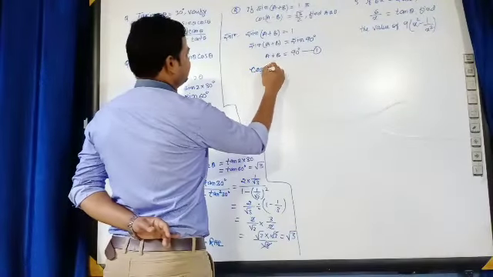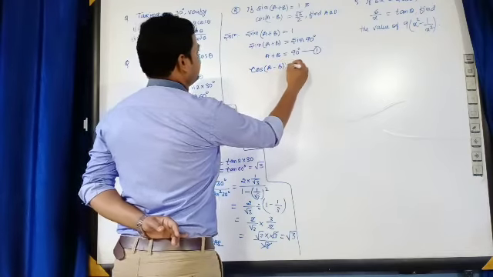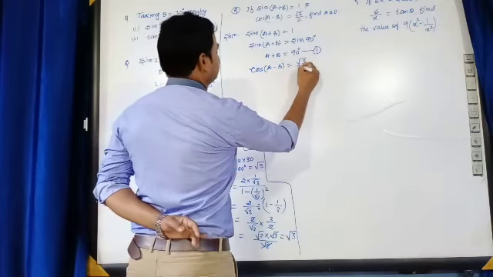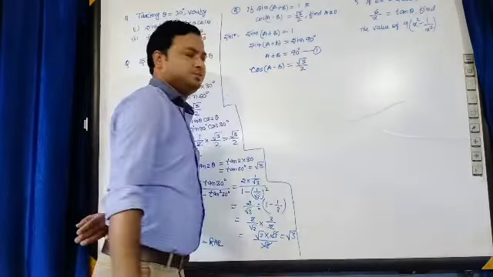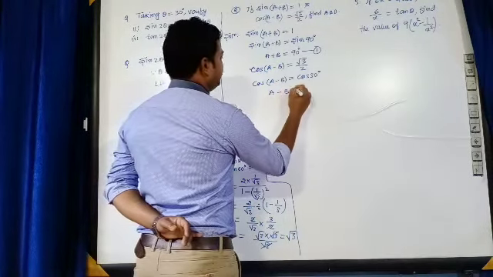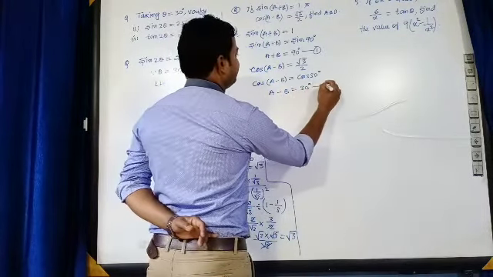Now move to the second part, that is cos (a minus b) equal to root 3 by 2, and we know that cos 30 equal to root 3 by 2. It means cos (a minus b) equal to cos 30 degree. Now cos cancels, it means a minus b equal to 30 degree.